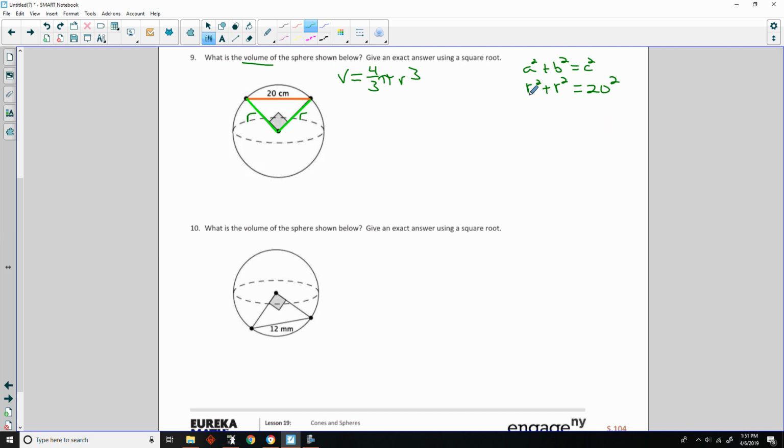Radius squared plus radius squared equals 2 radius squared equals 20 squared, which is 400. Divide both sides by 2. This cancels, and I get r squared equals 200. Take the square root of both sides, and r equals the square root of 200.